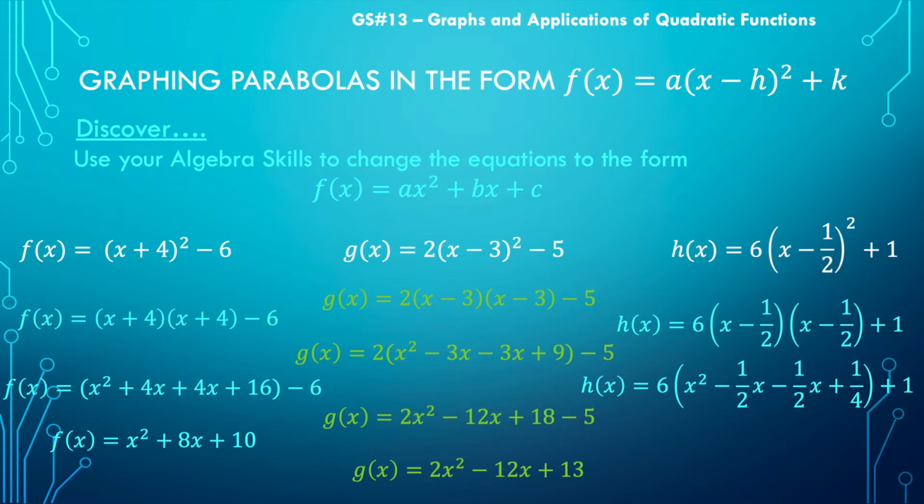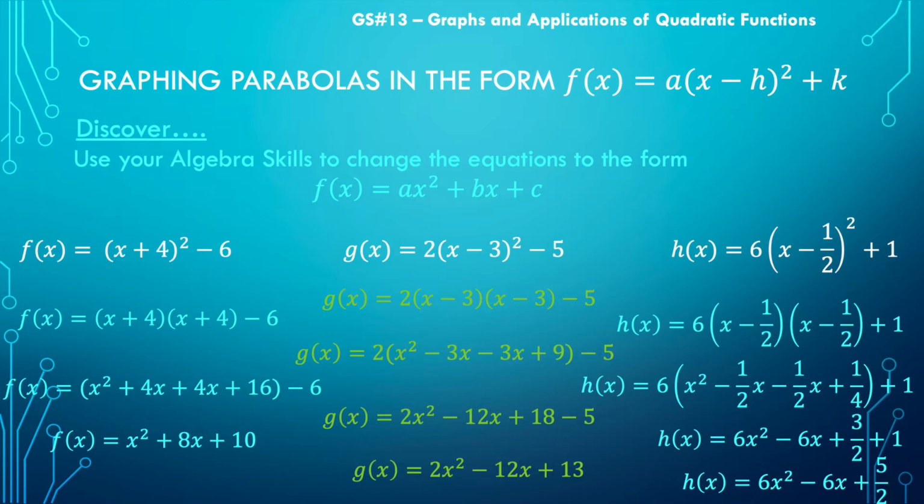So distribute that 6 through. We'll end up with 6x squared minus 3x minus 3x plus 3 halves plus 1. And when I combine the 3 halves and the 1, we would end up with 6x squared minus 6x plus 5 halves. Okay, so this is the first step of this discovery process.